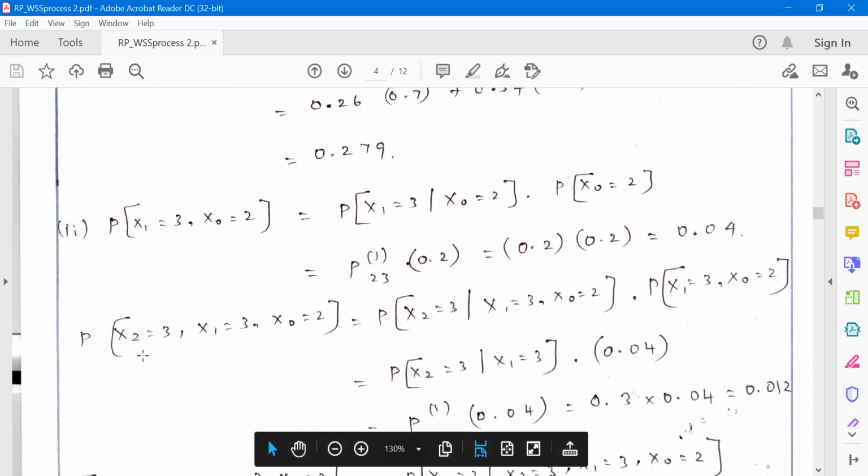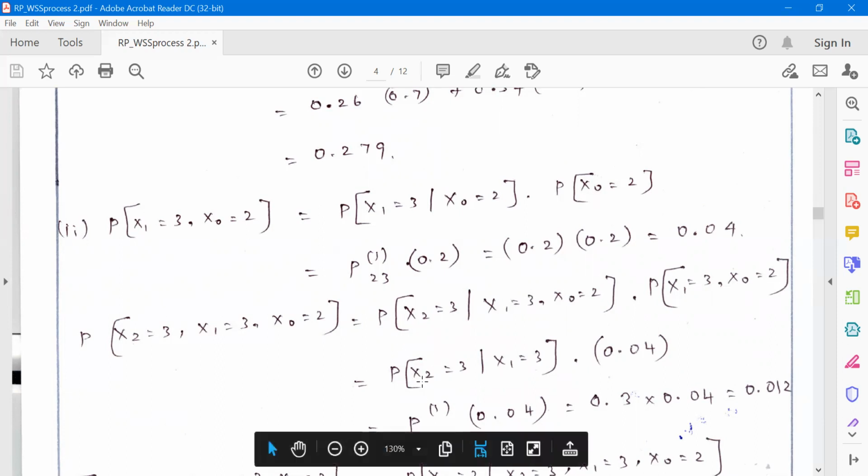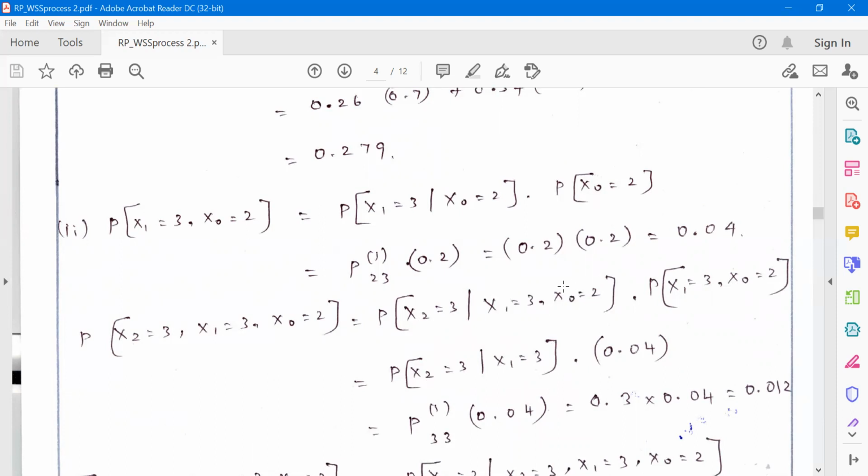Next I am going to consider the three terms P of X2, X1, X0. We write P of X2 equal to 3 given X1 equal to 3, X0 equal to 2, into P of X1 equal to 3, X0 equal to 2. But in the next step I consider only P of X2 equal to 3 given X1 equal to 3, because X2 is the future value, X1 is the present value, and X0 is the past value. In a Markov chain, the future value depends only on the present but not the past.